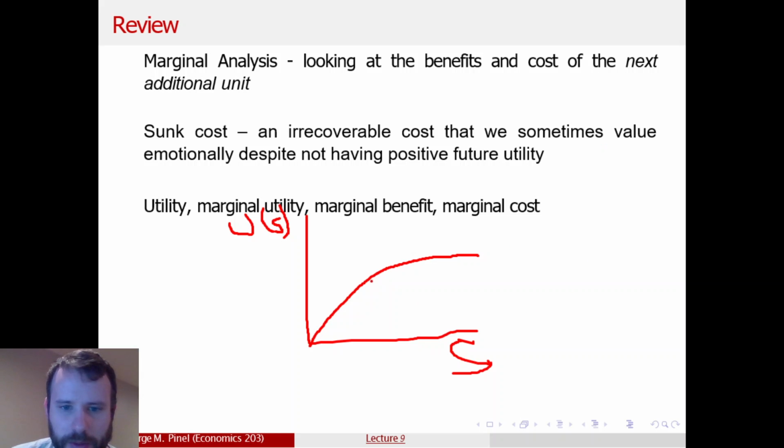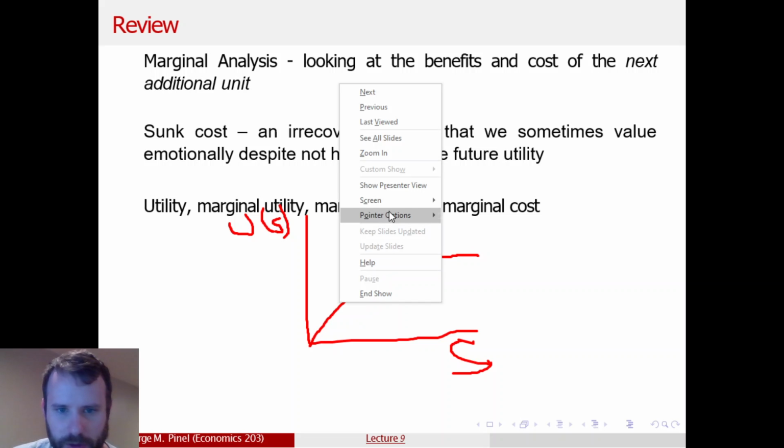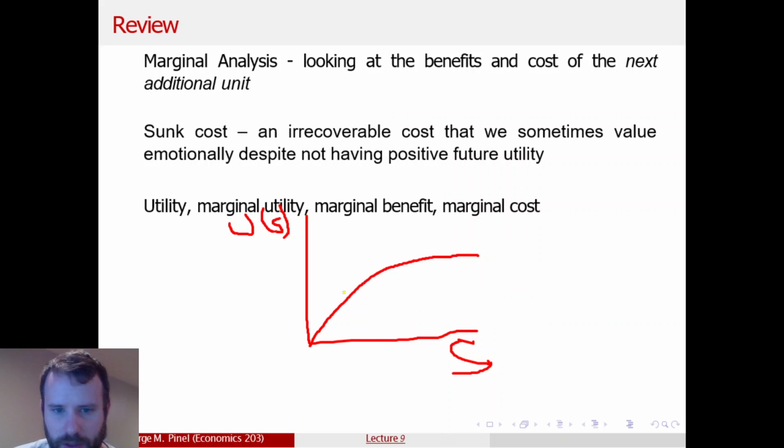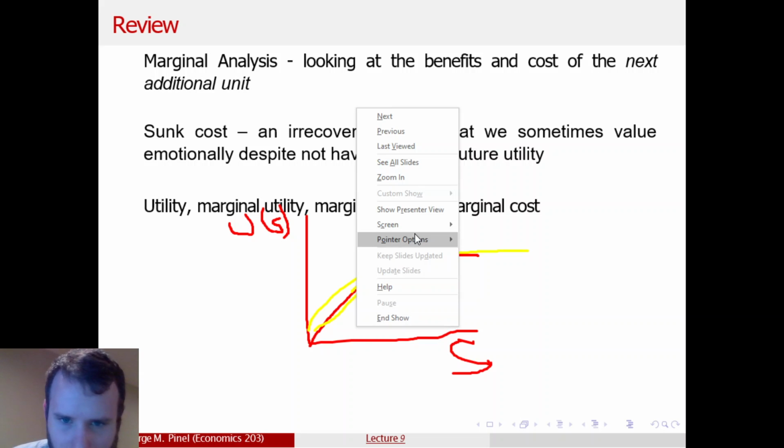So you can plot the marginal utility as the slope of the utility function at every point. Okay, so marginal utility here is pretty high. Marginal utility here is pretty low. Marginal utility, I'm trying to draw a tangent line, a line that touches it at only one point, but it's kind of hard to do.